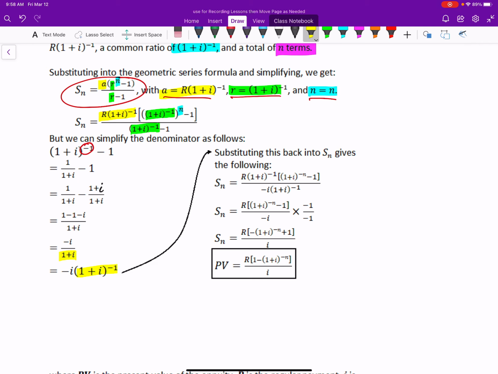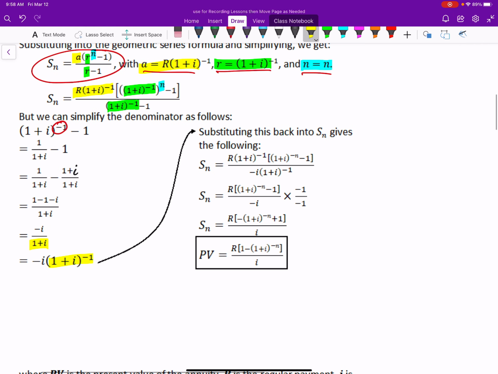Now I've got, in the denominator of this formula, I've substituted this in for this, into this place now, right?